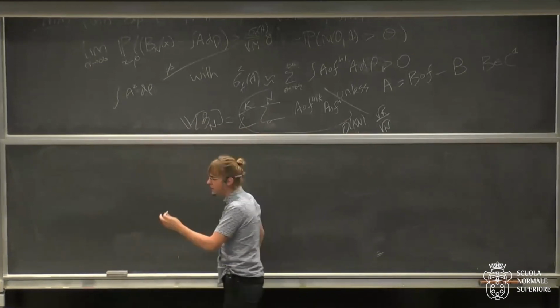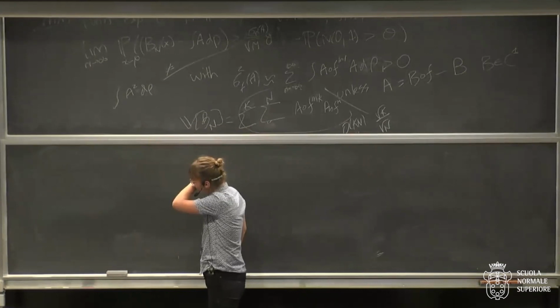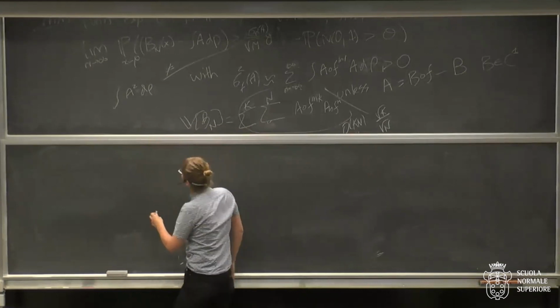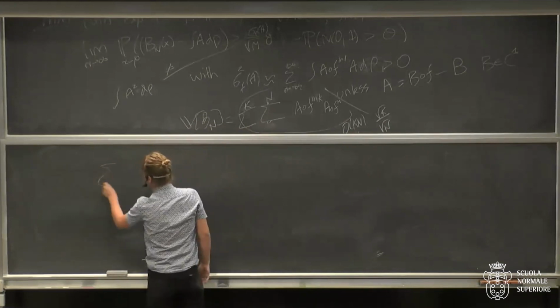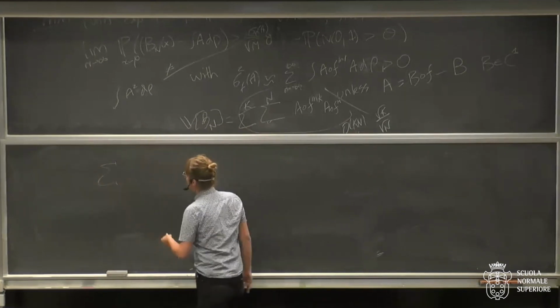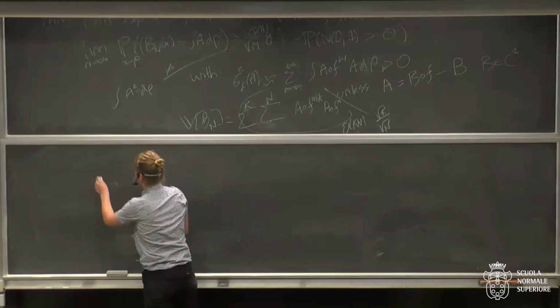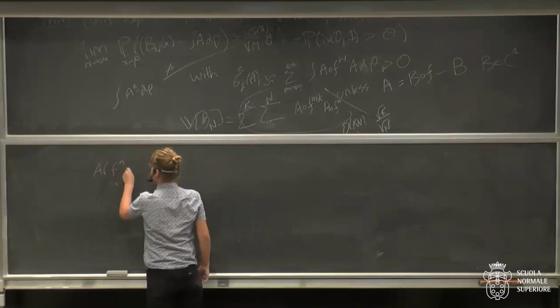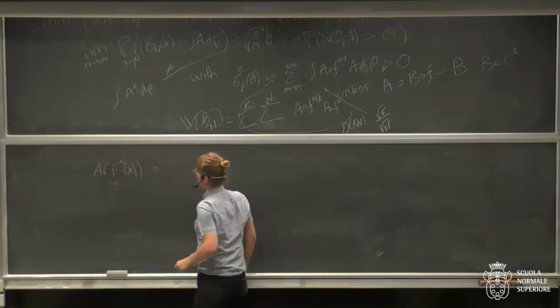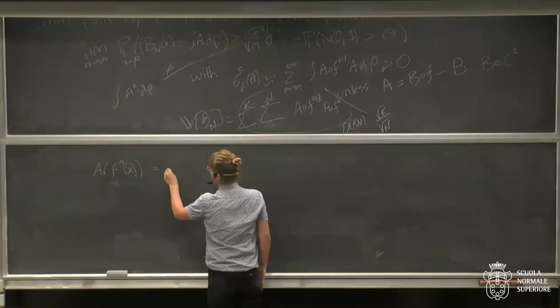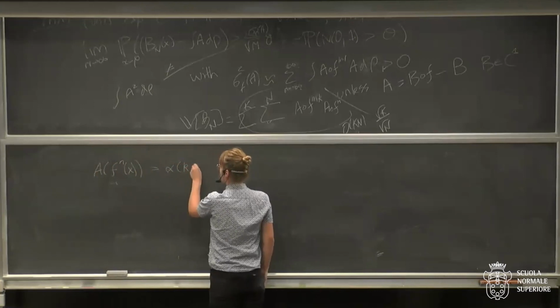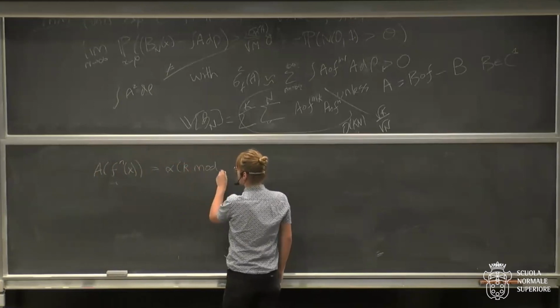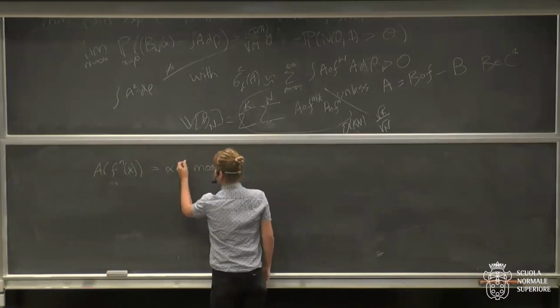One thing where it can be fast is where you have periodicity. Say you found a periodic orbit, and here's a silly version of it: let's say A of alpha of K mod some period.